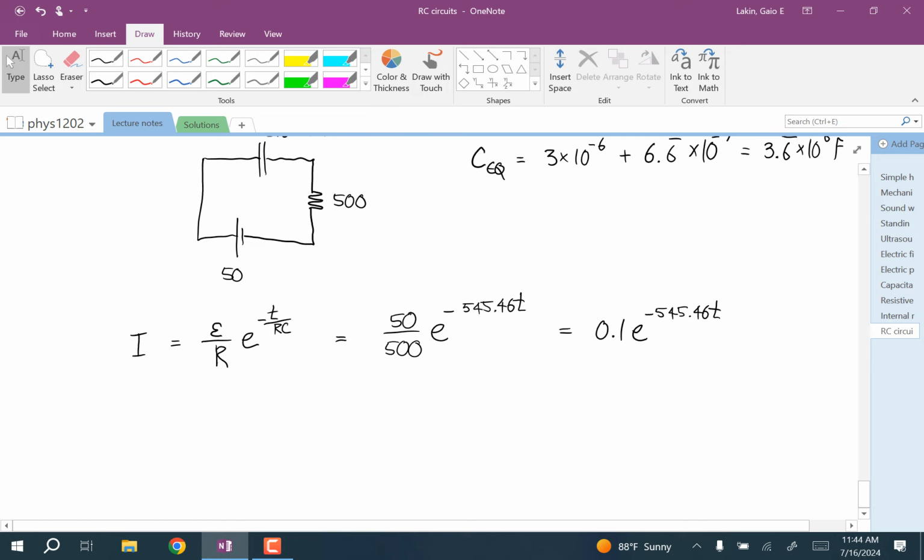And now that we have the current in the resistor as a function of time, we can calculate the voltage using Ohm's law.